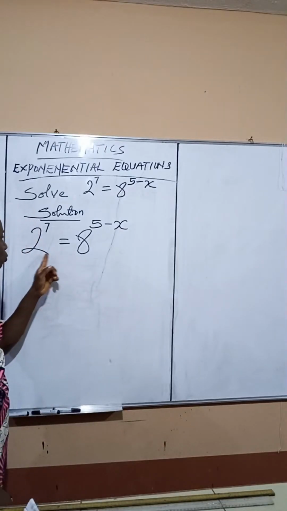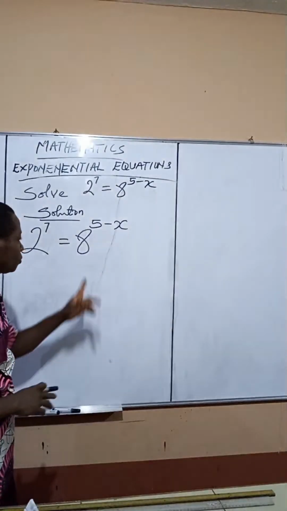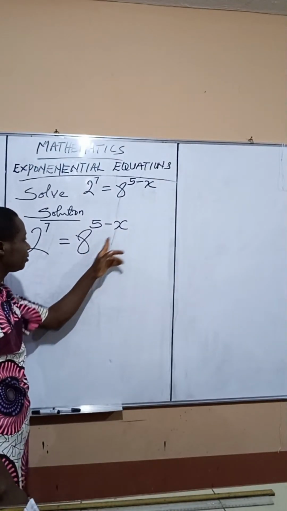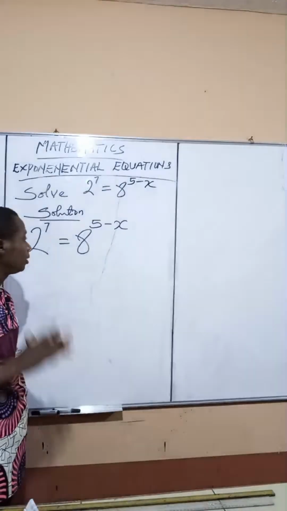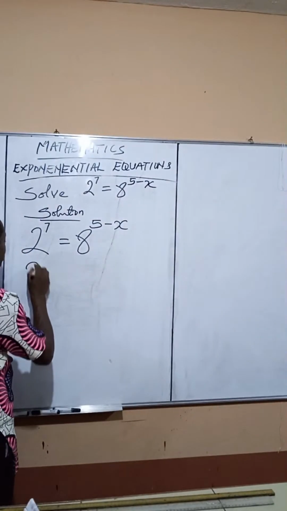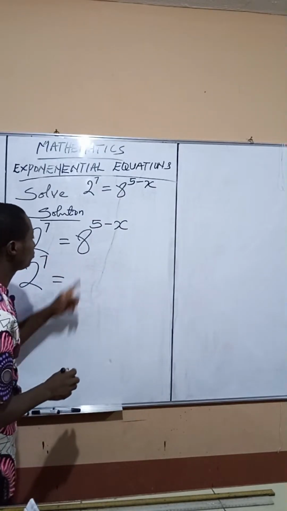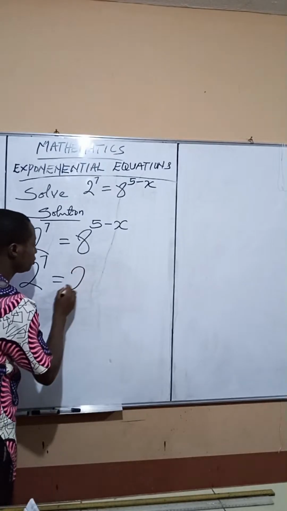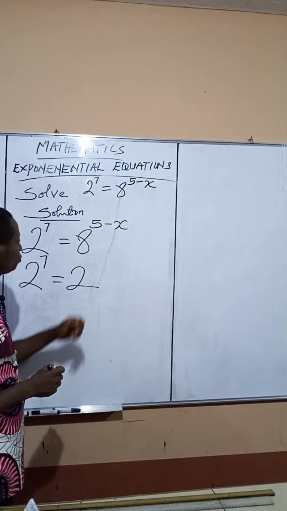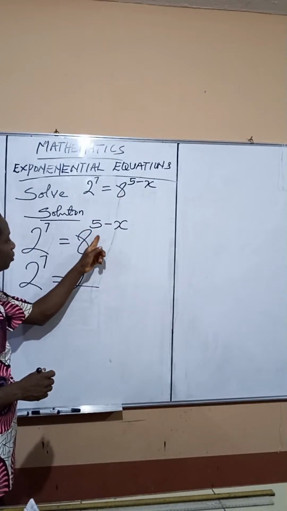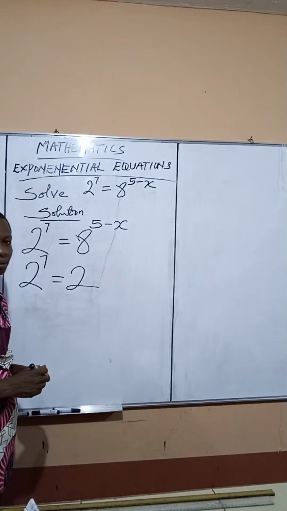We are still going to equate the exponent. That is the implication. So 2 raised to the power 7 equals, here, we are going to make it 2 as well. What are we going to place as the exponent of 2 to give us 8?